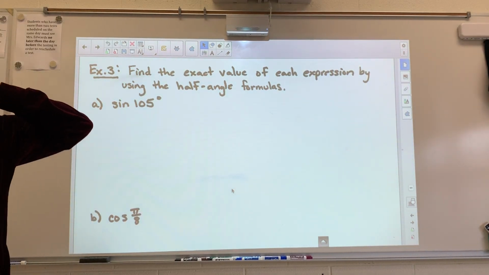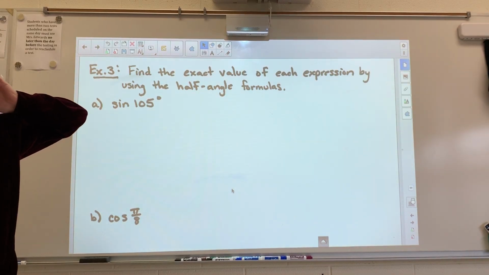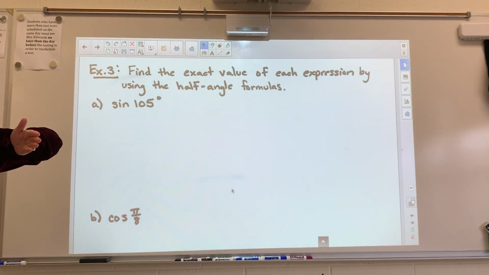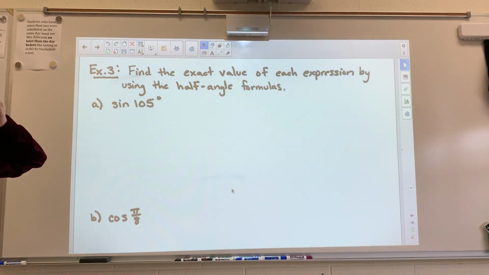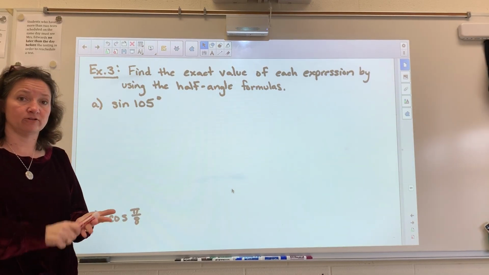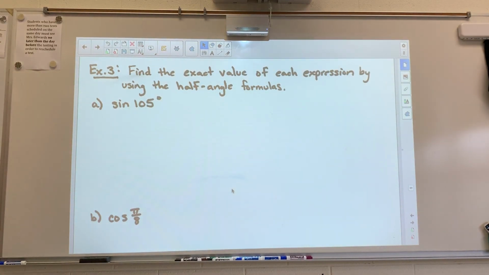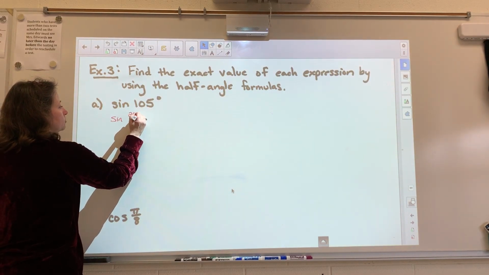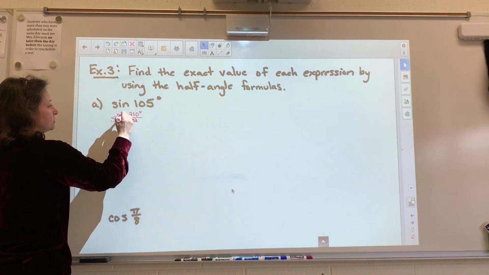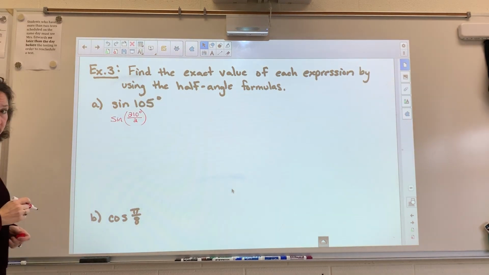So I've got to think to myself, what angle can I divide by 2 that gives me 105, and that angle that I'm dividing by 2 ultimately has a reference of 30, 45, or 60. I divide 210 by 2. So sine of 210 degrees divided by 2 is what we're working with.